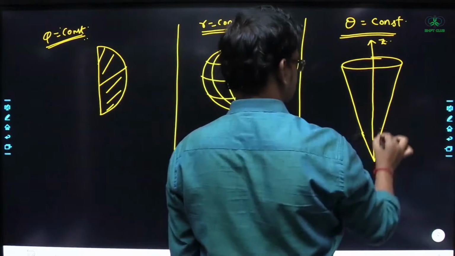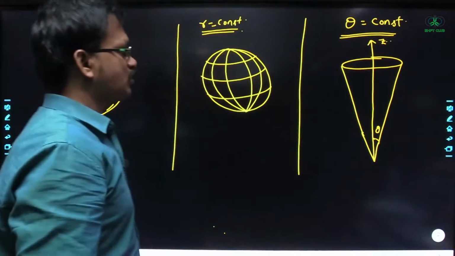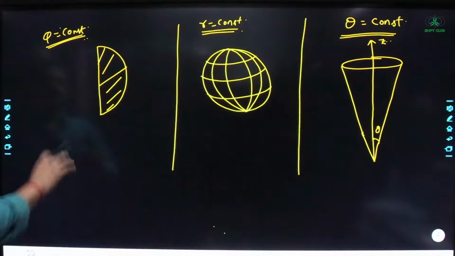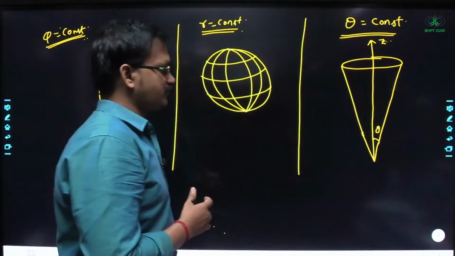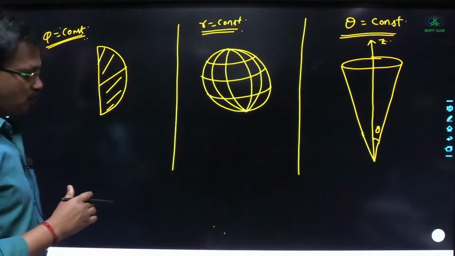This is the z axis, and this angle is theta. So for phi equal to constant, we got a semicircle. For r equal to constant, we got the surface of a sphere. For theta equal to constant, we got the surface area of a cone.